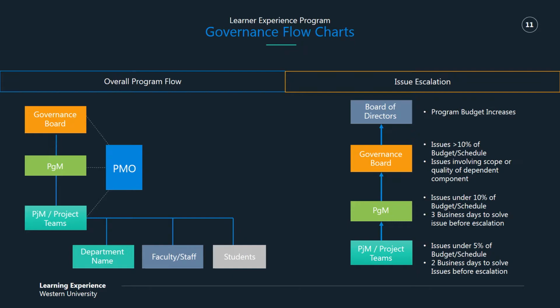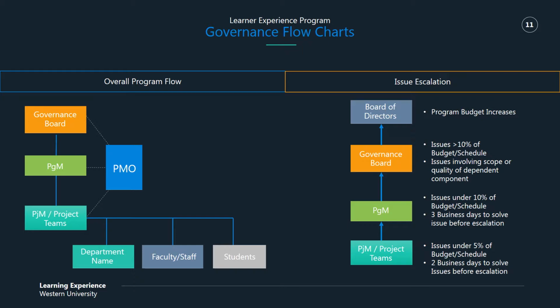Our program manager has the authorization to handle issues under 10% of the budget and schedule, and if an item cannot be solved by the program manager within 3 business days, then it gets escalated to the governance board. The governance board can handle issues over 10% of budget and schedule, the baseline budget and schedule.